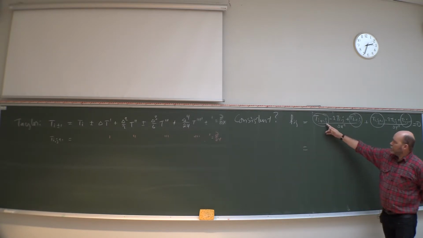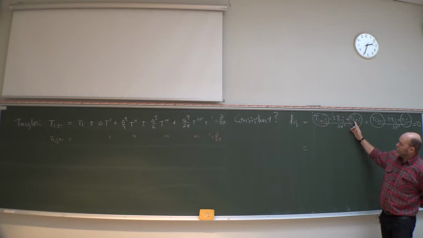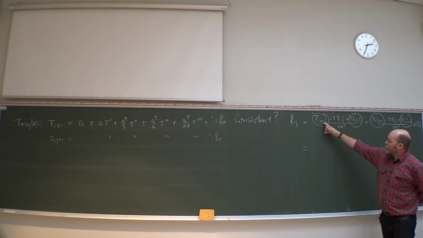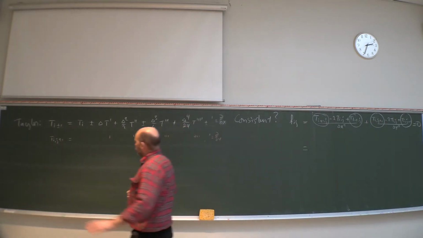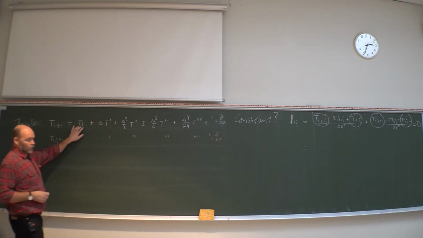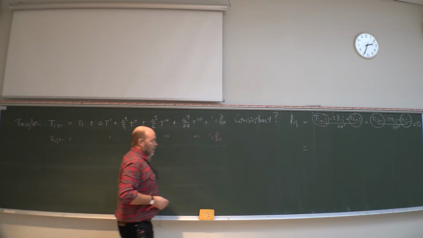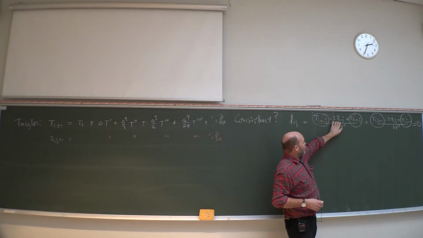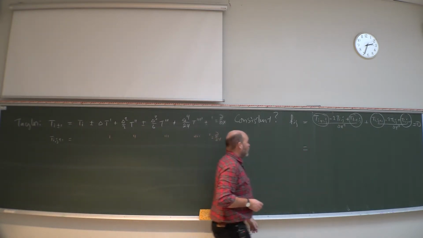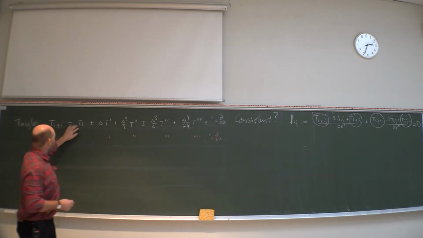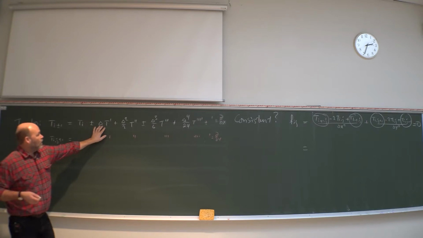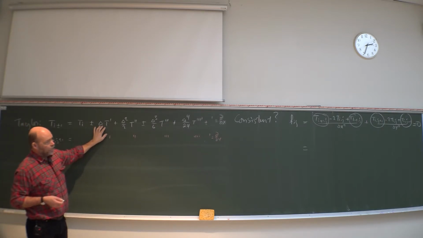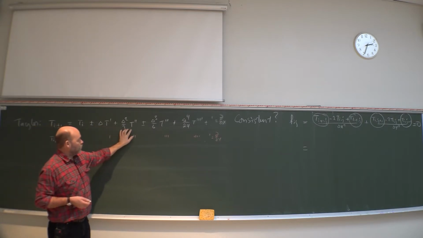Well, here I have the sum of the 2 series in the x direction, both the positive and the negative. We need to add these 2 together. So here I will have this term twice, but I have it already here with a minus sign, so it's going to disappear. Here I will have plus 1 term and then minus the other one, so it's also going to fall. This one is going to survive.